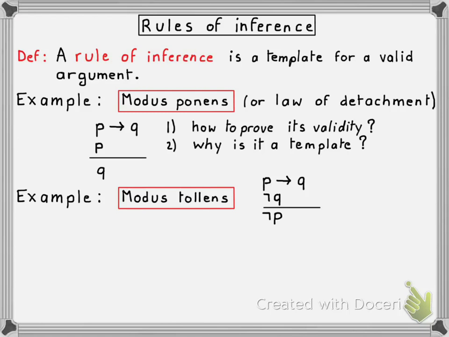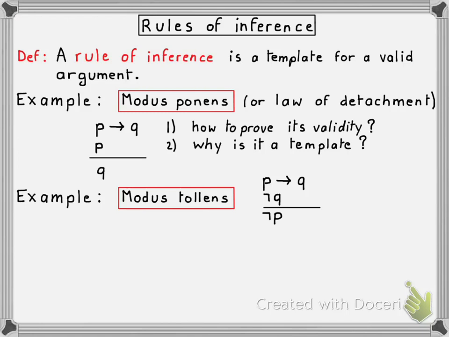Another way to convince yourself that this rule of inference is valid is that remember how P implies Q is logically equivalent to its contrapositive, which is not Q implies not P. Well, if not Q implies not P is true, and not Q is true, then by modus ponens, using the previous template, we can definitely infer not P. So that's an intuitive argument for the modus tollens, but make sure to do the truth table for it. So you must also remember the modus tollens.